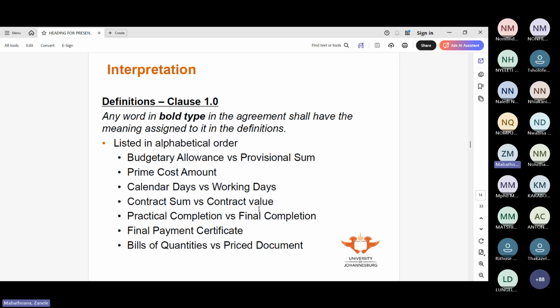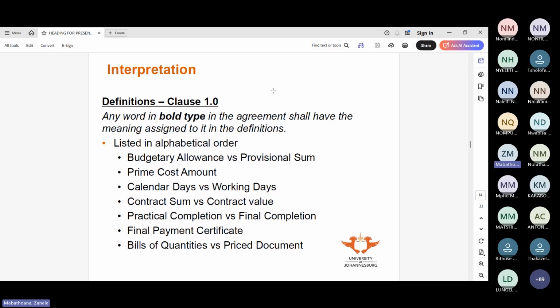So if you go on to clause 1 of the JBCC, they have the definitions of the words. So any word as you go through the contract that is in bold type, so any word that is bolded in the agreement has a meaning that is assigned to it under the definitions clause.